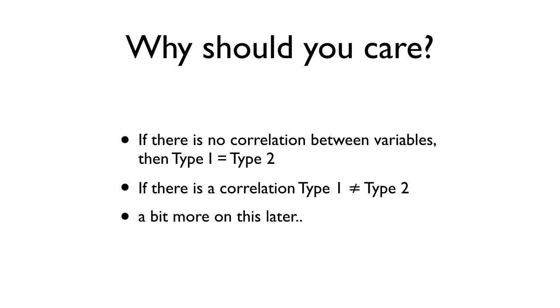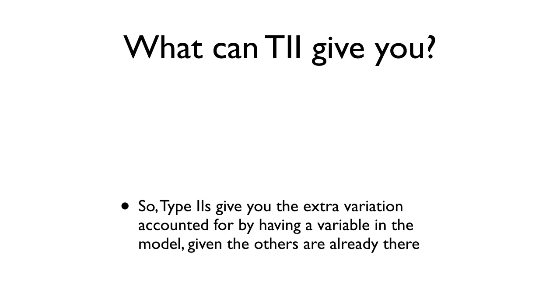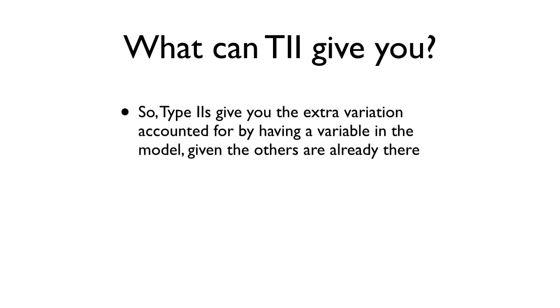About the correlation stuff. So what can these type 2 sums of squares give you? Type 2s give you extra unique variation that is accounted for by bringing a variable into a model that already has stuff in it. Like it says, oh, that other stuff's already explained. What unique variance is this variable explaining?